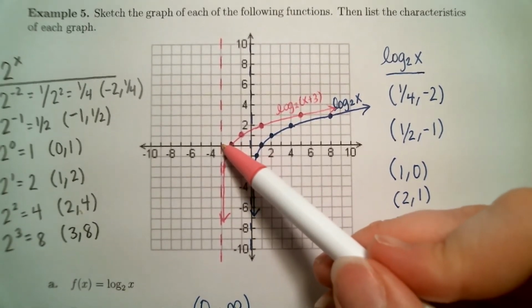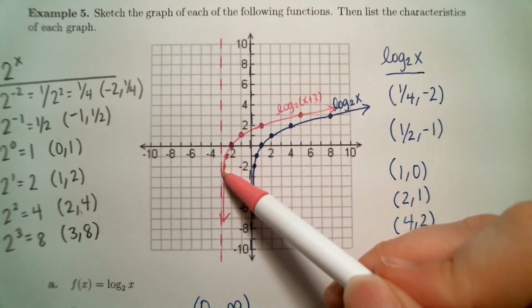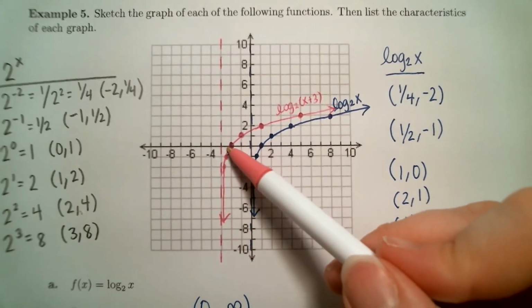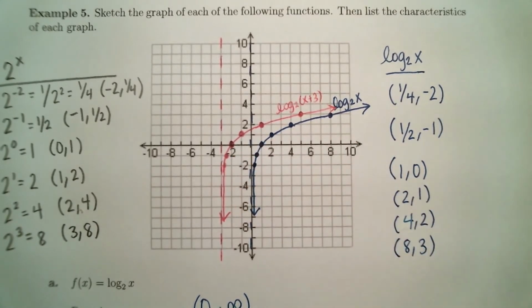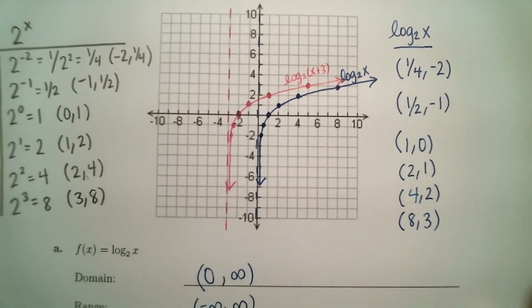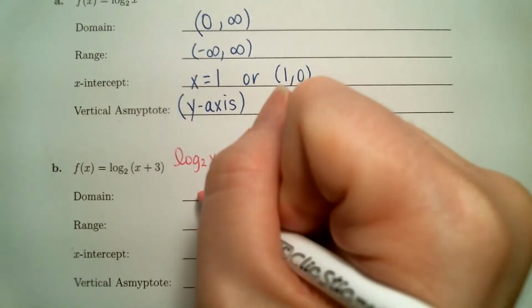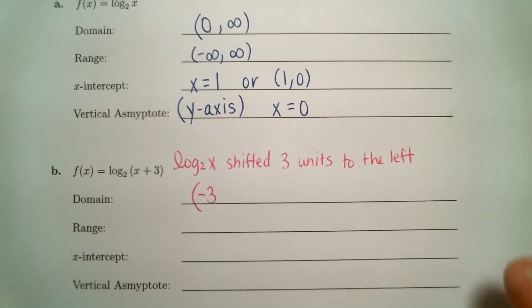But because of that vertical asymptote, we're not actually reaching an x value of -3. You're getting x values like -2.5, -2.75, and so on. So our leftmost point, we're going to consider an x value of -3, but since we don't get there, we're not going to include the -3.